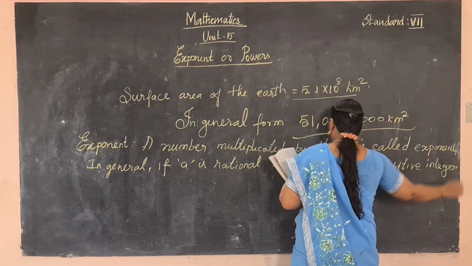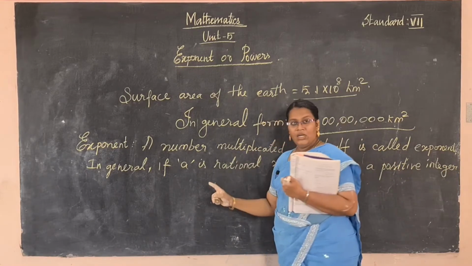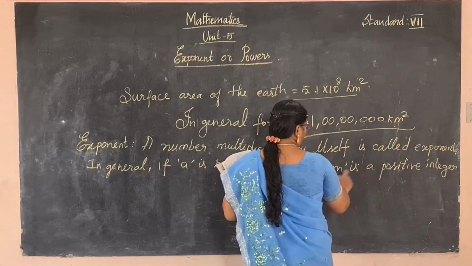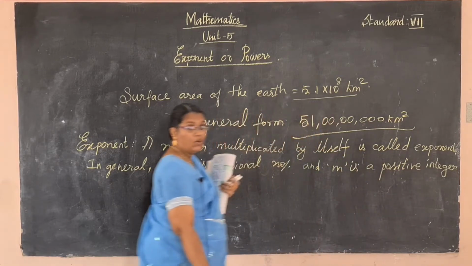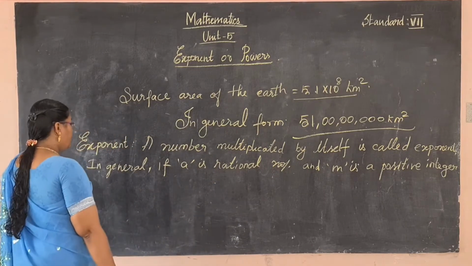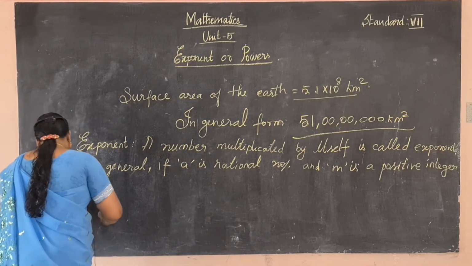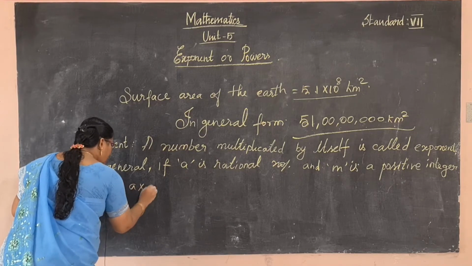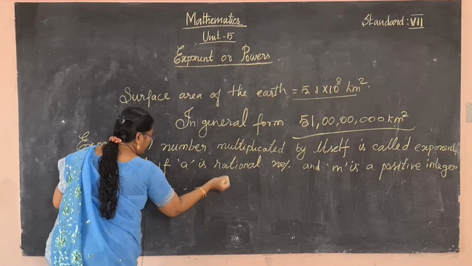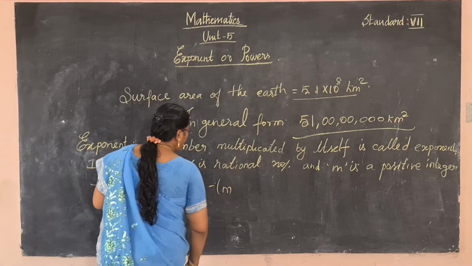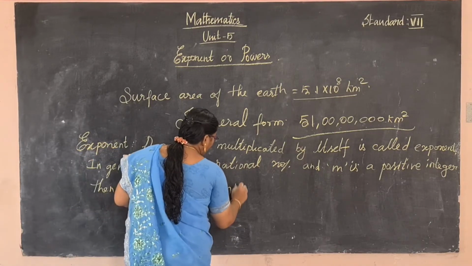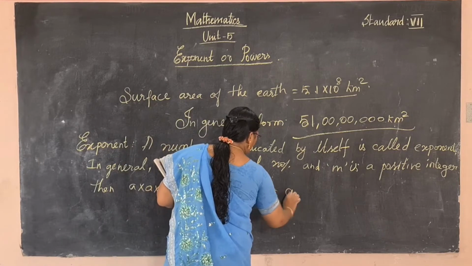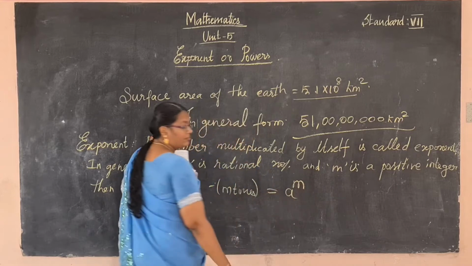Already you know the rational number. A rational number is of the form P by Q, where P and Q are integers, and M we have considered a positive integer. Then A into A, how many times? M times. How many times we have multiplied? M times. It can be written as A power M.